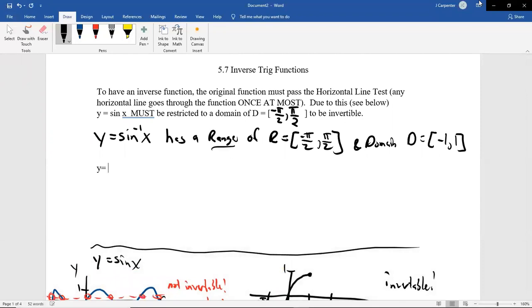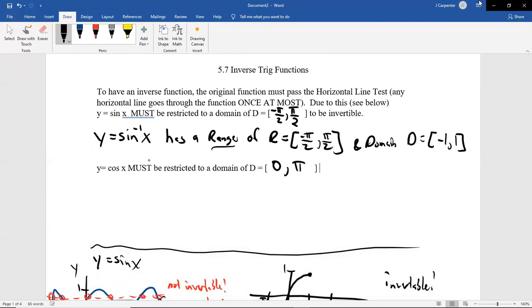y equals cosine of x must be restricted to a domain of D equals, in brackets, and this is going to turn out to be 0 to pi.